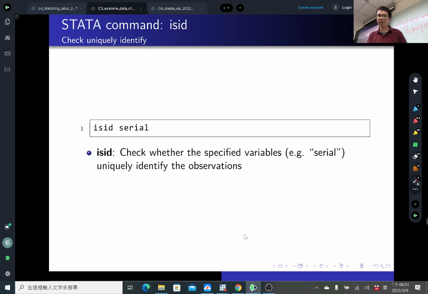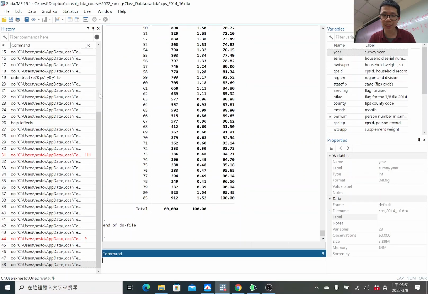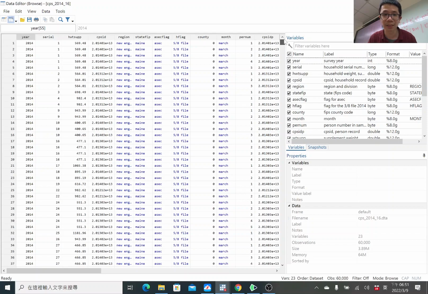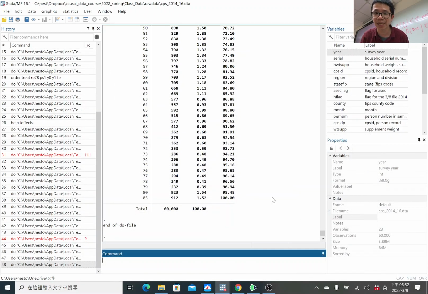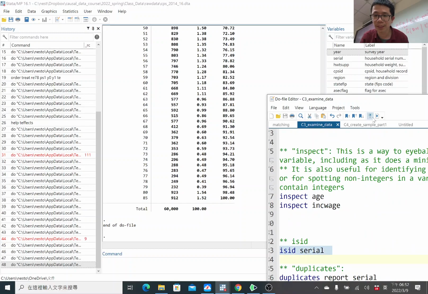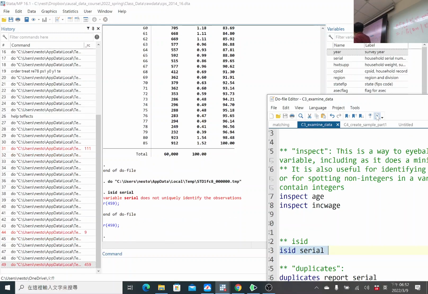Okay. So if you implement this, what is the serial number here? This is the serial number. This is the household ID. So this is the first household. The first 5 individuals belong to the same household, so they all have the same household ID. So this variable cannot uniquely identify. If you use isid, it will let you know it cannot uniquely identify.